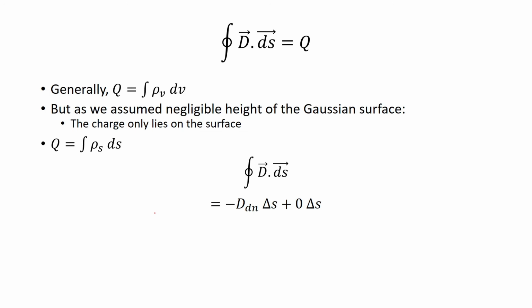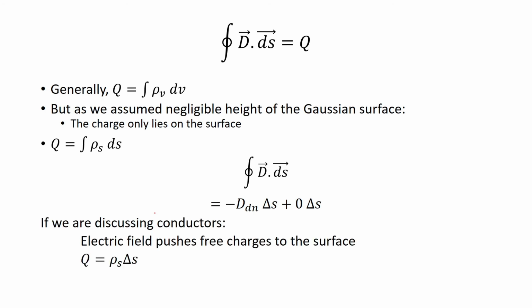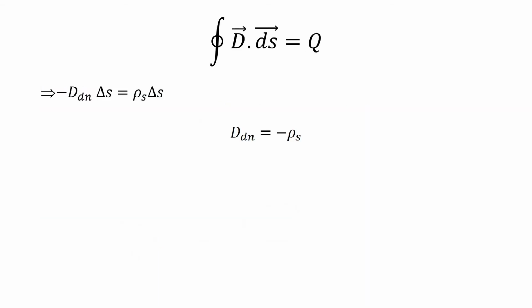Because all the free charges tend to build at the surfaces, this surface now has a finite surface charge density. Now that it has finite surface charge density, I cannot equate this to 0. Instead, this is equal to the surface charge density times the area.